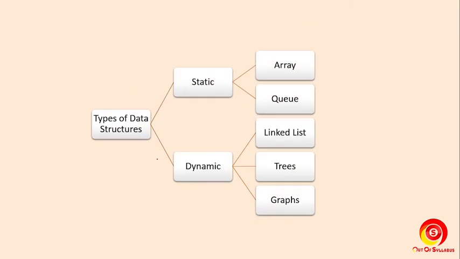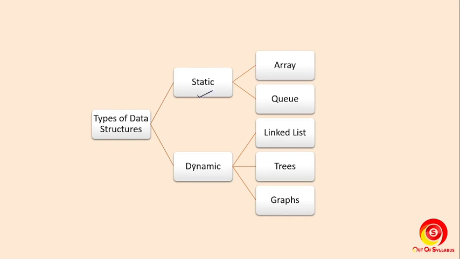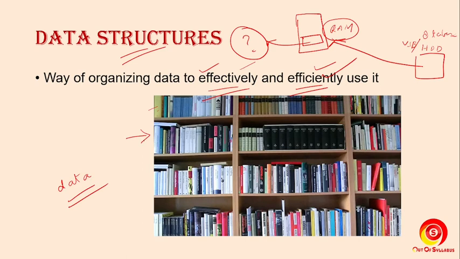Now we'll see what are the types of data structures. Before moving ahead, we'll just change the pen color, for a change, we'll take blue. The main two types of data structures are static and dynamic. What is meant by static data structure? We'll go to the previous example to understand that. Here you can see this is row 1, row 2, row 3, row 4.